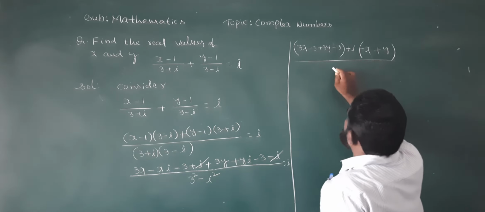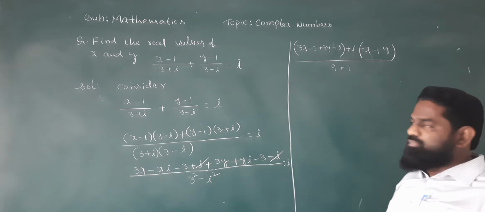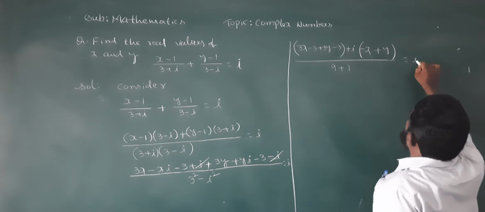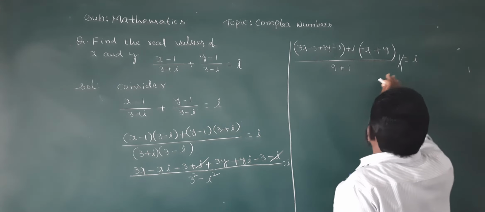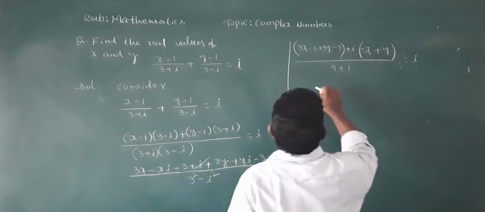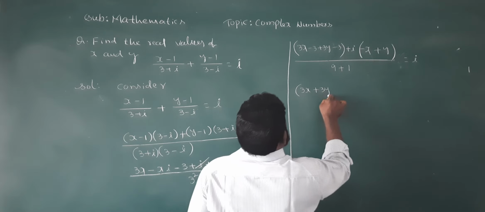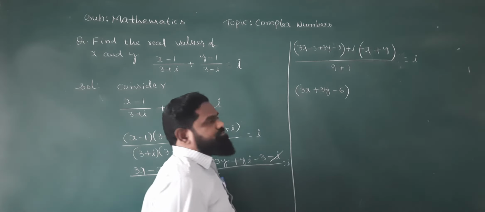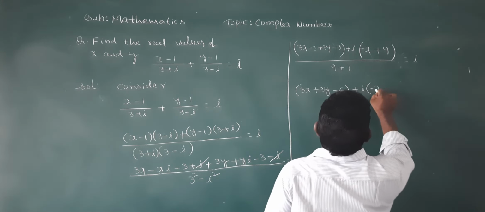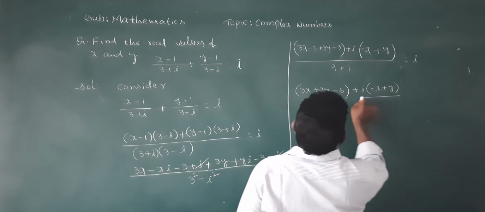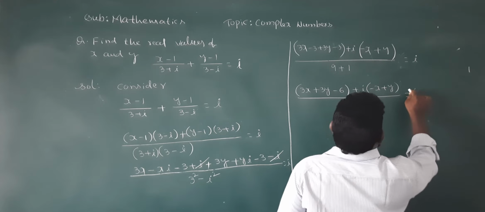Now the denominator: 3 square is 9, i square is minus 1, which becomes plus 1, so 10. Take cross multiplication. This becomes 3x plus 3y minus 6, plus i into (minus x plus y), all by 10, equal to i.